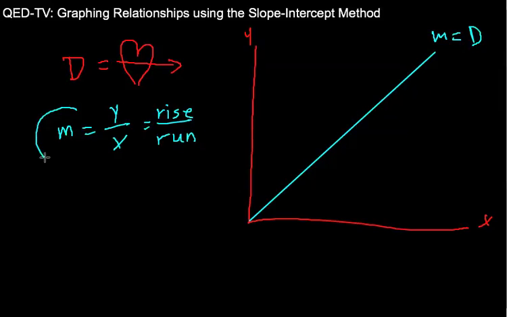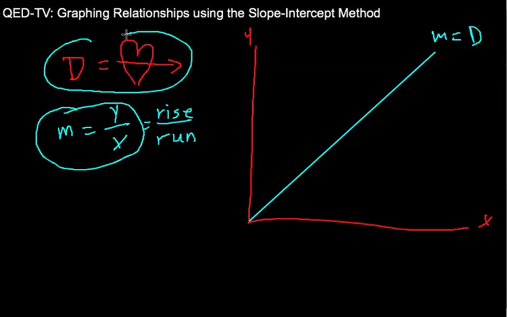So this is another way to write the slope-intercept form, and you'll notice the density equation is exactly in that form. So density would be slope if on the y-axis I put mass, and on the x-axis I put volume. And therefore I'll get a slope that will be the density. So that's a fairly easy one there.